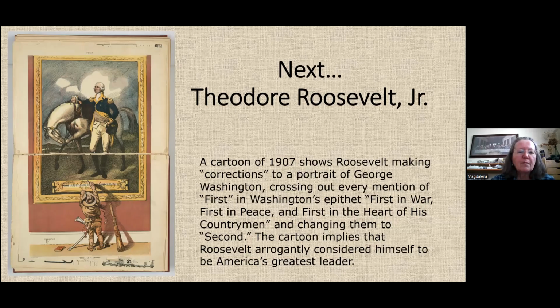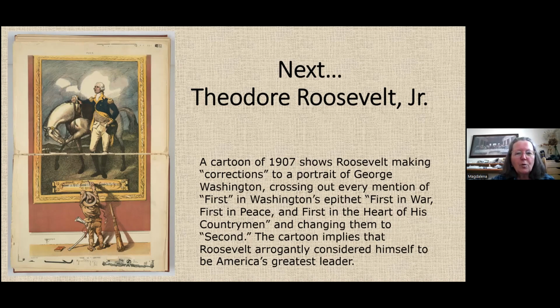This picture, I chose it because I just thought it was funny because it was so typical Teddy Roosevelt. It shows Roosevelt making corrections to a portrait of George Washington. George Washington had an epitaph: first in war, first in peace, and first in the heart of his countrymen.